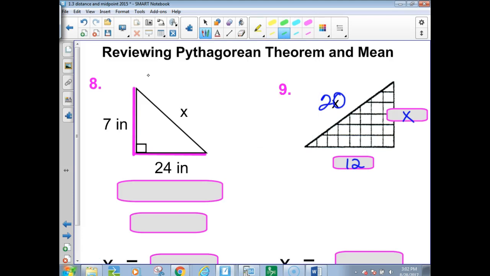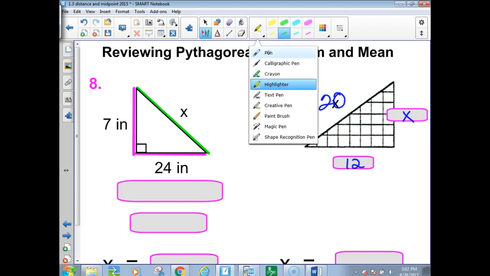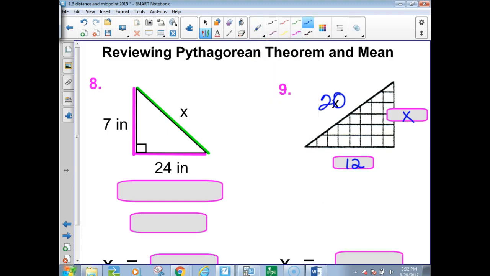So I'm going to make it green. The Pythagorean theorem says that leg squared plus leg squared equals the hypotenuse squared. This is a leg, this is a leg, and this is the hypotenuse.